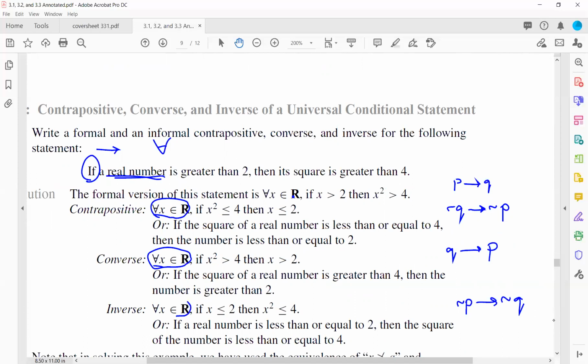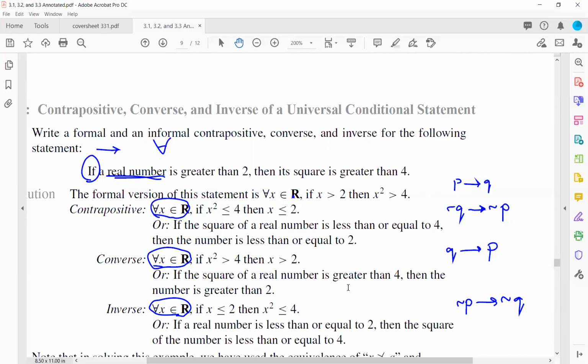For any, again, we do not change the universal statement. For any x belongs to R, if x is not greater than 2, it means that x is less than or equal to 2. Then you negate your conclusion. X squared is not greater than 4. It is less than or equal to 4.